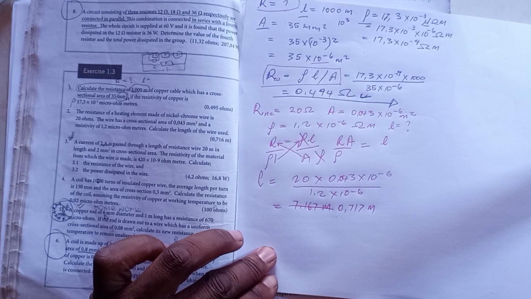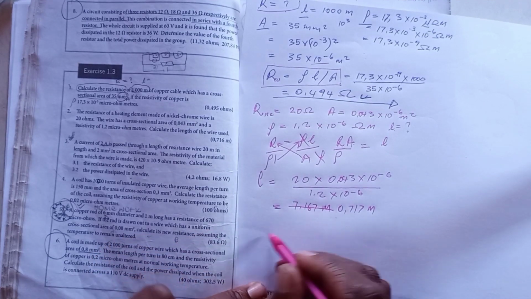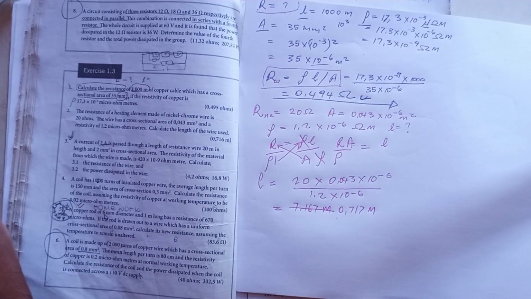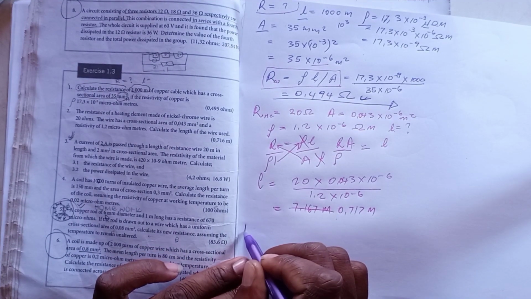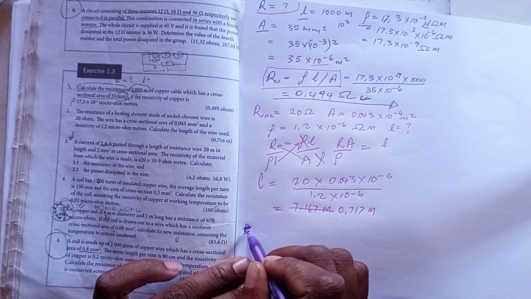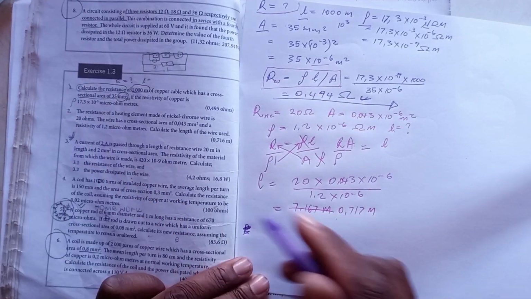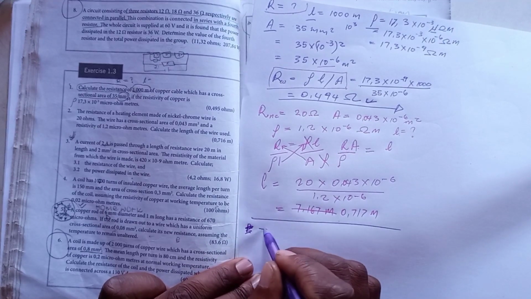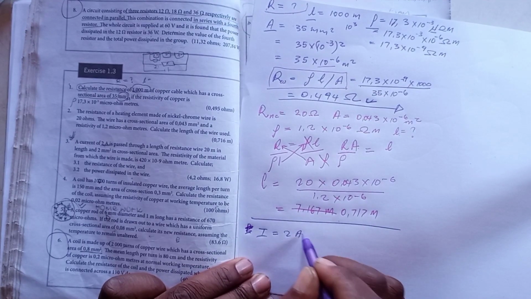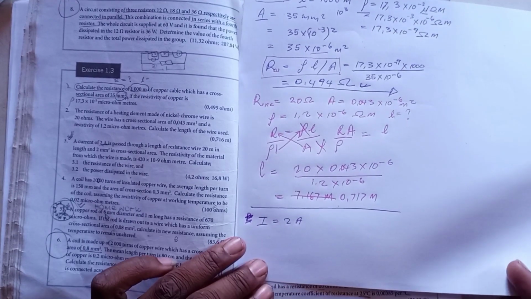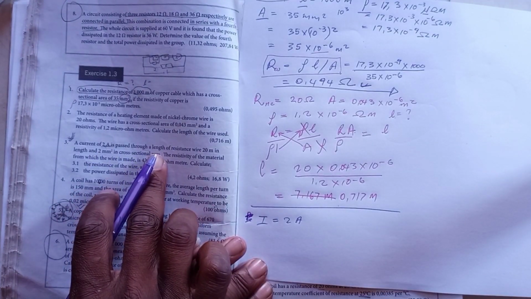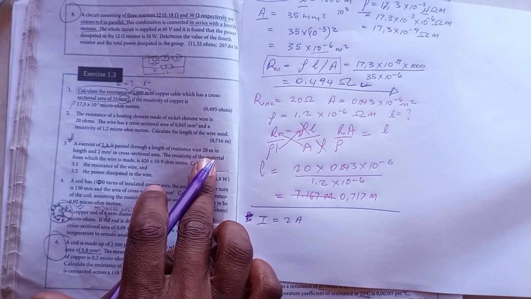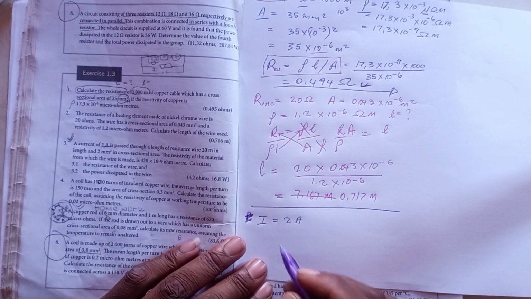So on this one, let's collect what we have. Let's use a different color. Okay, let's read the statement. A current, that is I, equal to 2 amperes, passed through the length of resistance wire 20 meters.